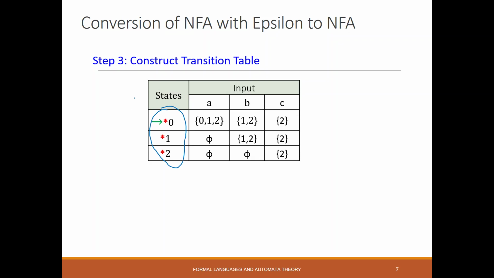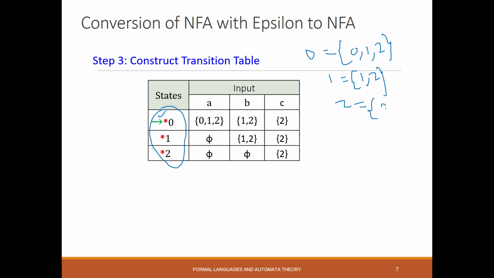final state, what we are going to do is, in the given diagram 0 is the initial state, so we have marked it as the initial state. Regarding final states, while finding epsilon closure of 0, 1, 2, the answer for 0 is 0 1 2, the answer for 1 is 1 and 2, and the answer for 2 is 2, right?